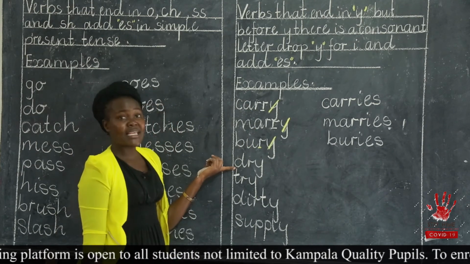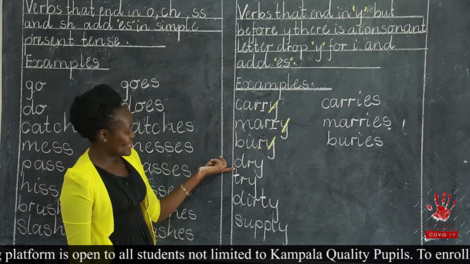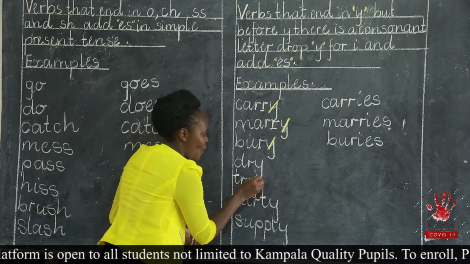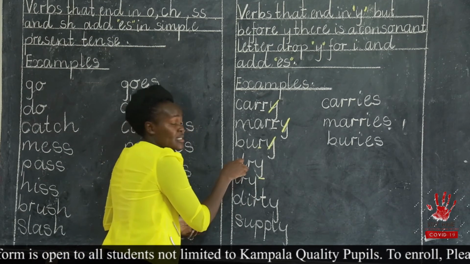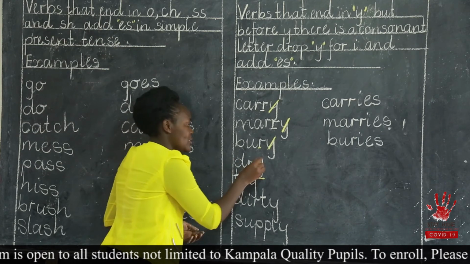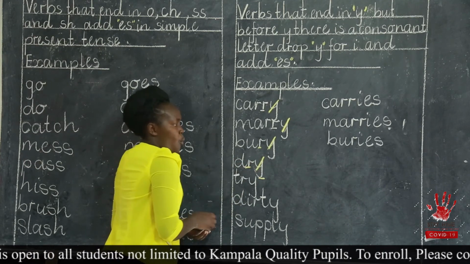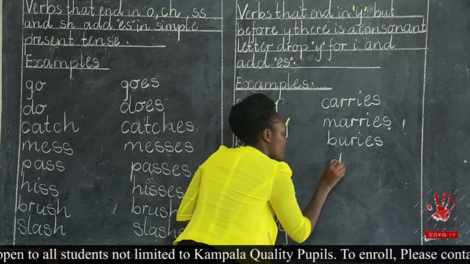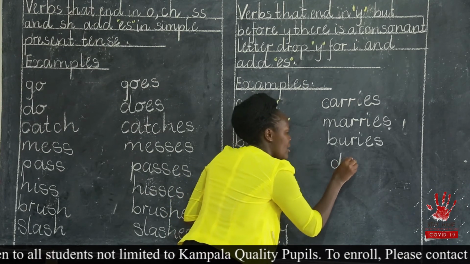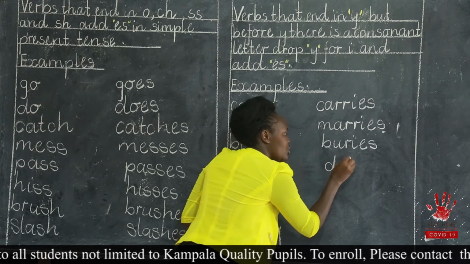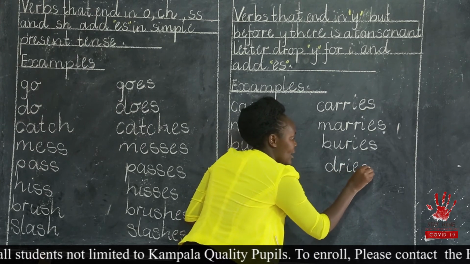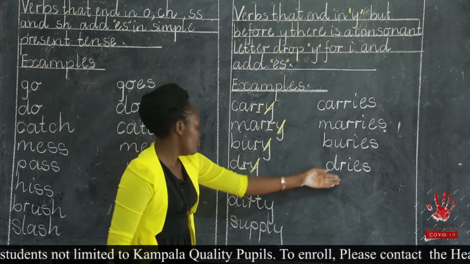Another verb is dry. We shall do the same thing. It ends in Y, and before Y there is R, which is a consonant. We shall drop letter Y. And guess what? We shall remain with DR, but in the place of Y, we shall write I and then add ES. It will become dries.